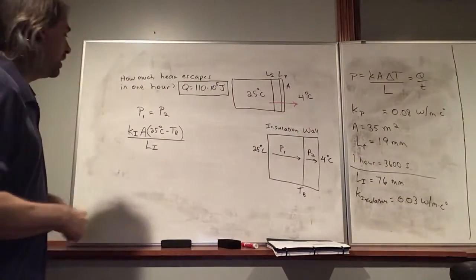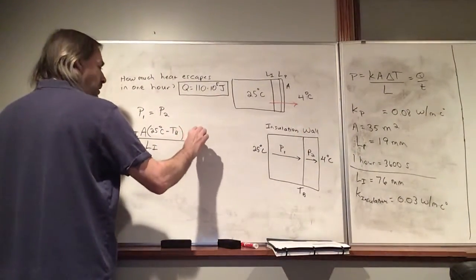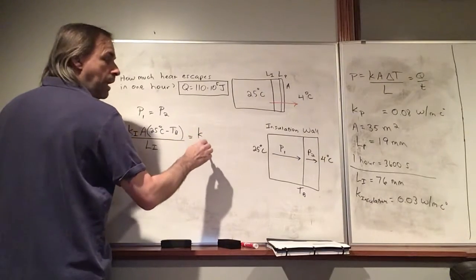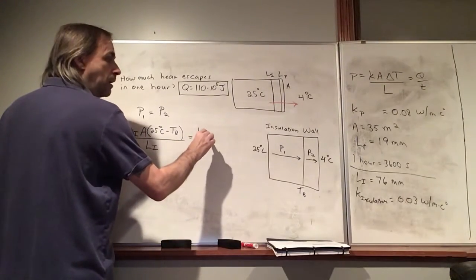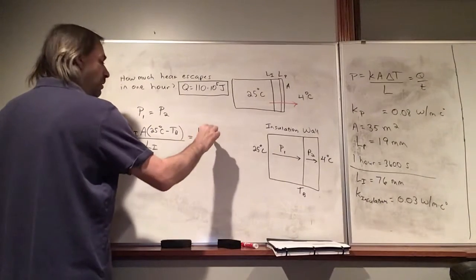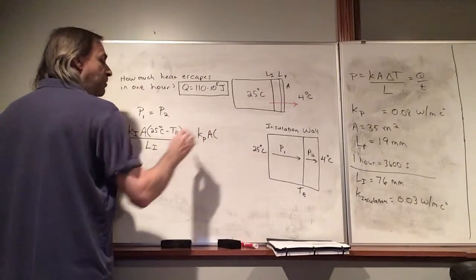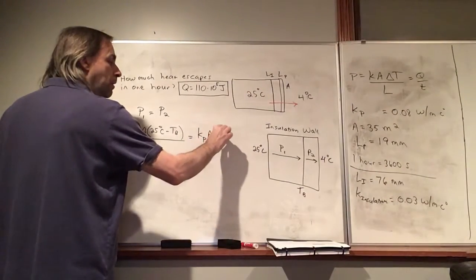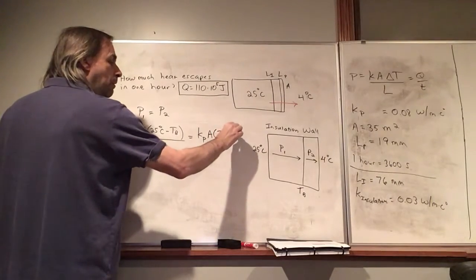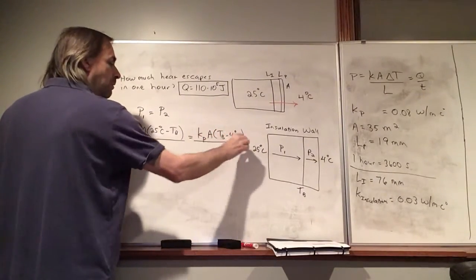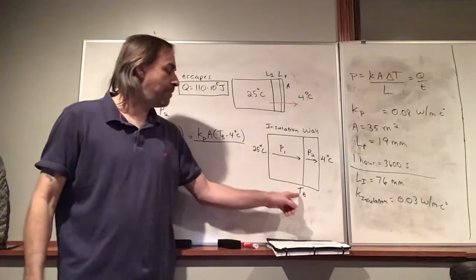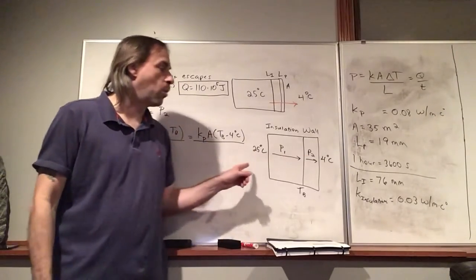Okay. And now P2, this would be K, now we're talking about the wall, so that'd be plywood times area. Now delta T, the boundary temperature is going to be between 4 and 25.